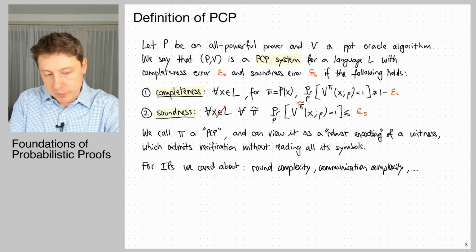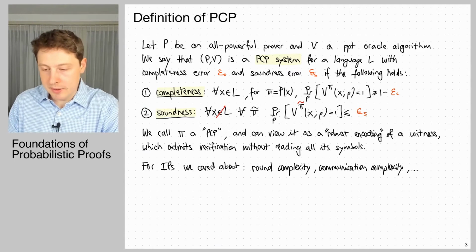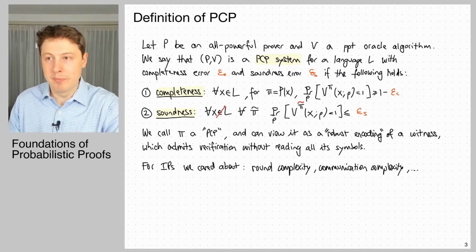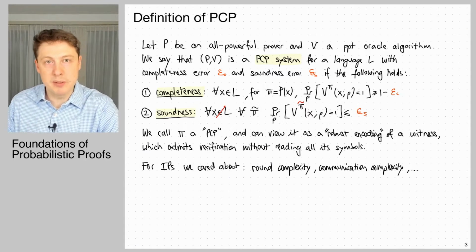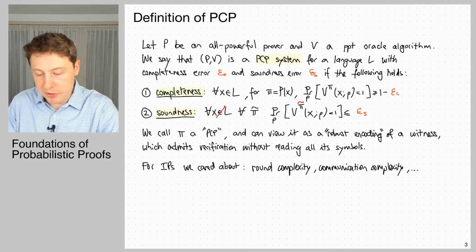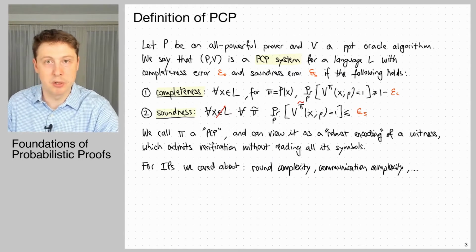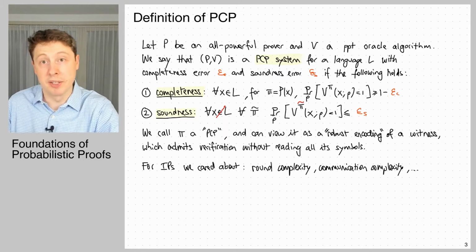Now, this is what we can call the correctness guarantees, completeness and soundness. Obviously, there are some trivial PCPs, better PCPs, excellent PCPs. How do we distinguish what parameters we will care about? For interactive proofs, we cared about things like round complexity, communication complexity, public or private coins.